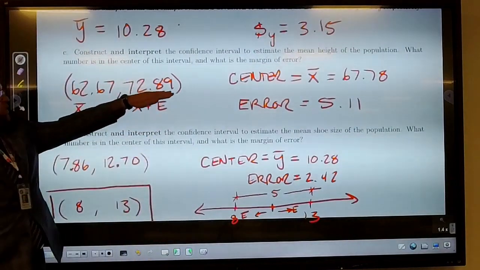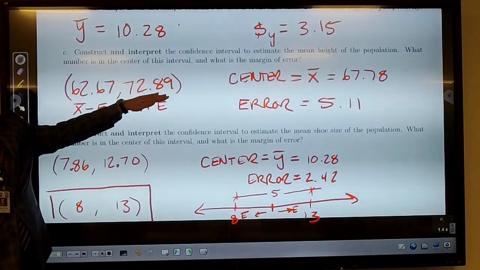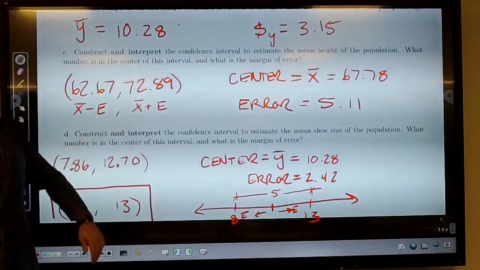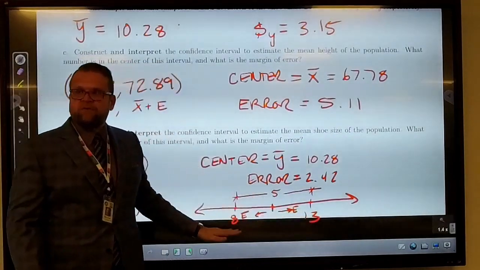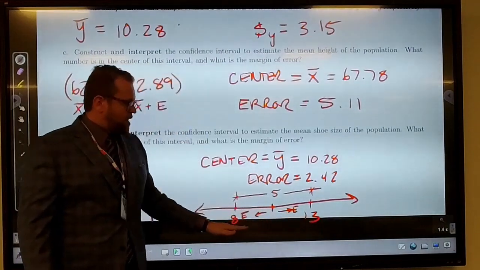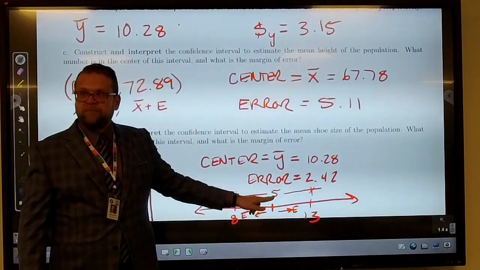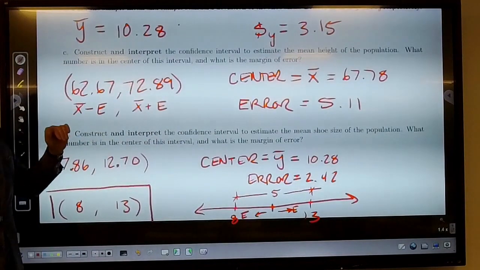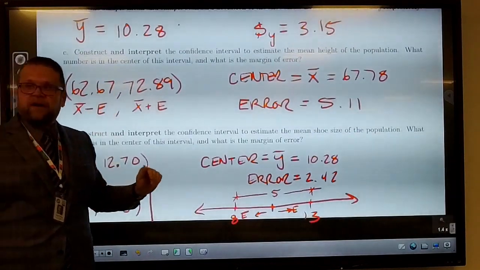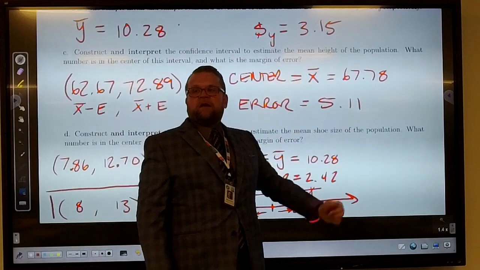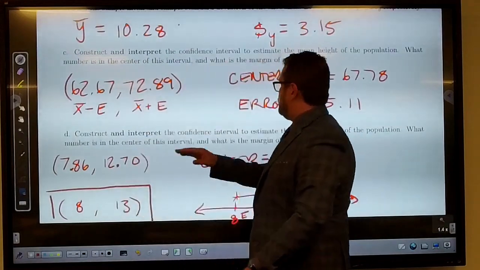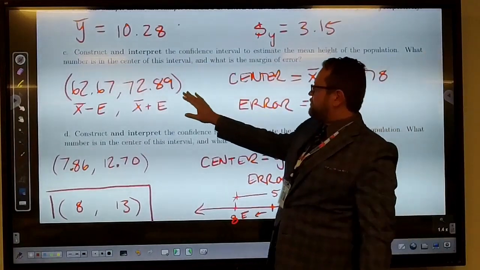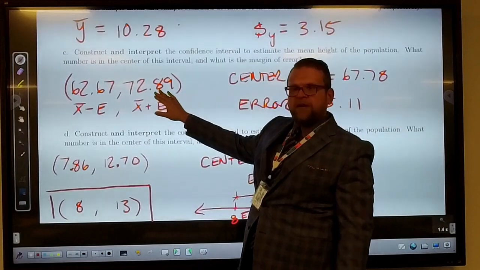Then, when you have more complex numbers like these, you can find the length of this interval in the exact same way you find the length of this interval. 13 minus 8 is 5. So, if I take this number minus this number, it's the length of the interval. And when I divide it in 2, I've got the error. Alternately, you could just say, if this is the number in the center, then how far is it from this right-hand edge? That's 1 error.